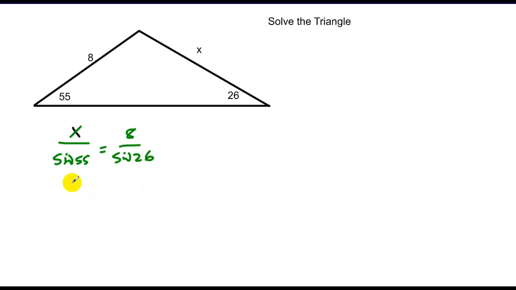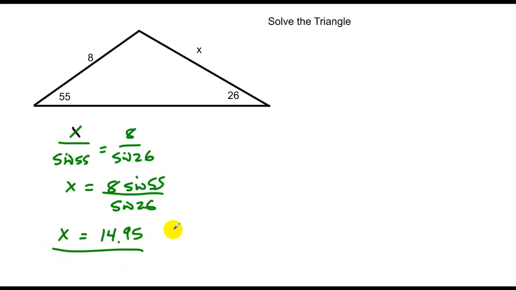And now I can multiply by the sine of 55 to both sides, so 8 sine of 55 over sine of 26 will equal my x value, and now it's turned into a calculator problem. And we end up with an x value of 14.95 if I round to the hundredth. And you want to make sure your calculator is in degree mode when you do this.